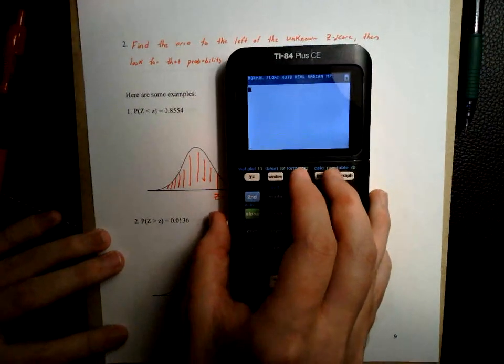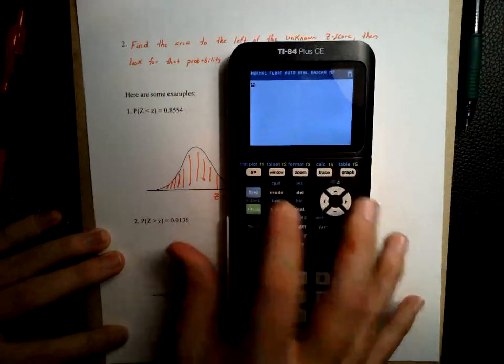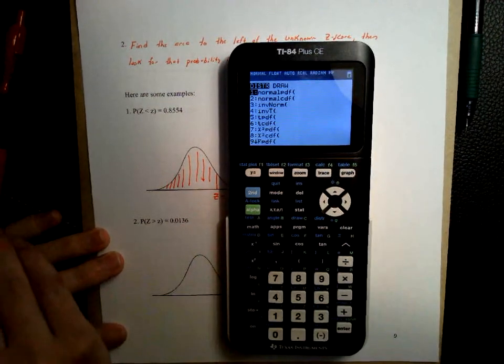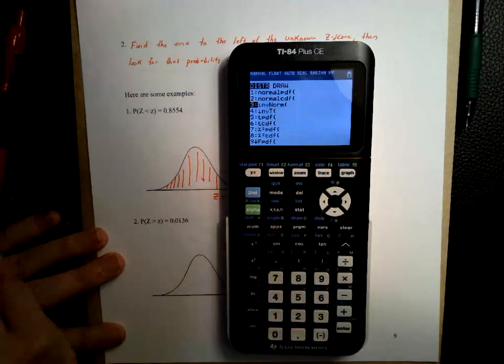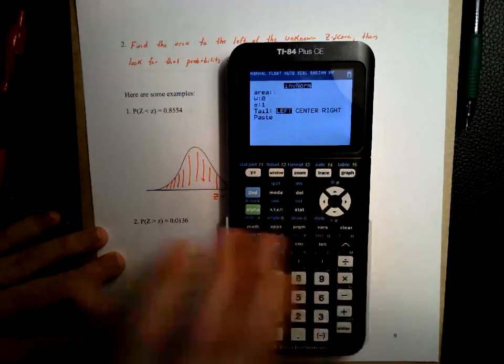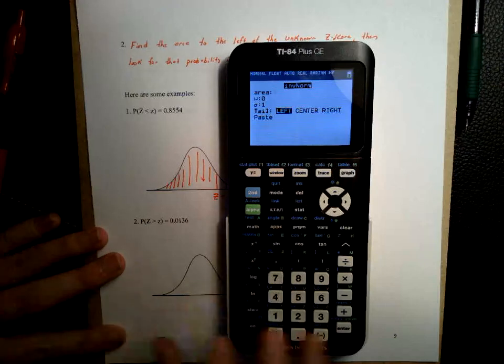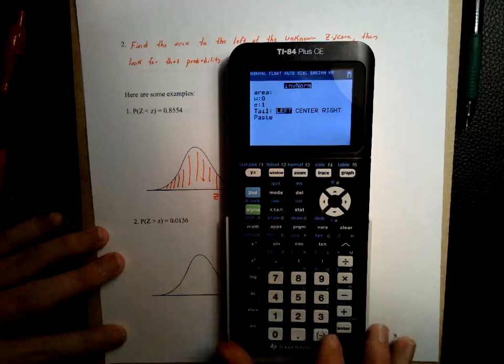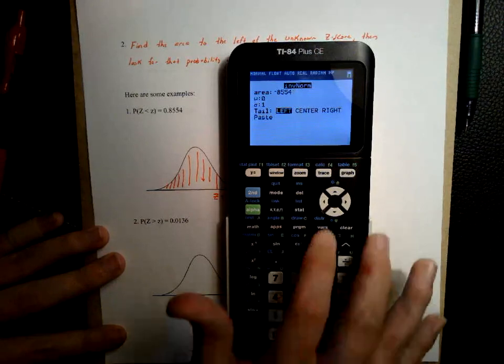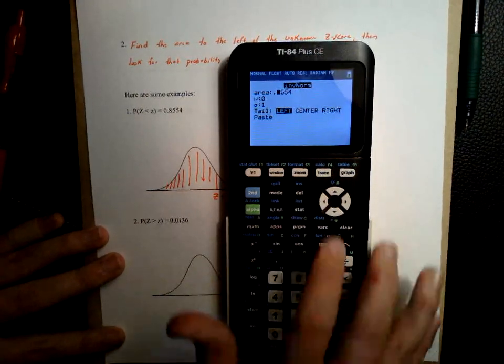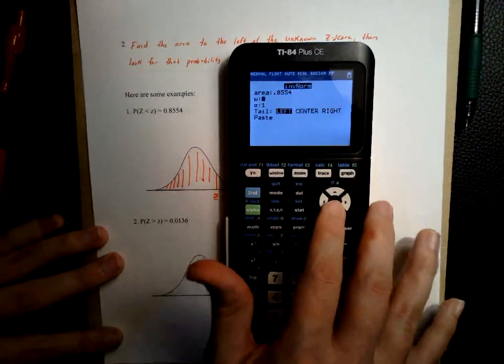There is another way you can do this using the calculator, and I want to show you real quick. To do that, you go second vars. That'll take you to the distributions. Then you go to inverse norm. You tell it the area you're looking at. In this case, we're looking at the left-hand area, and that is 0.8554. You tell it the mean.